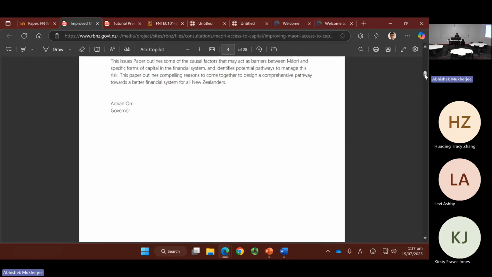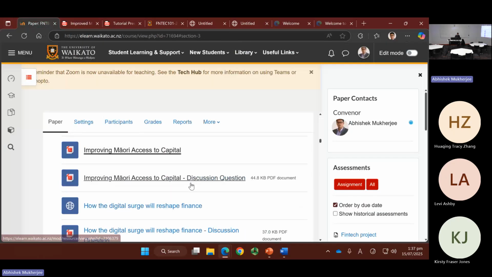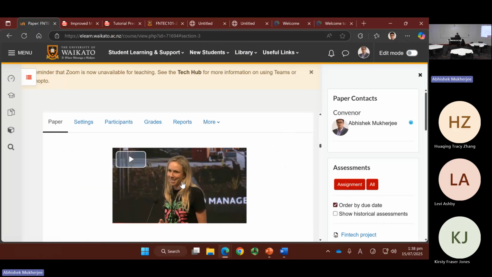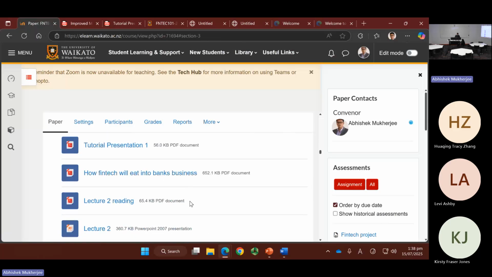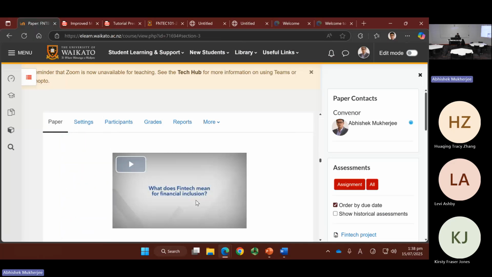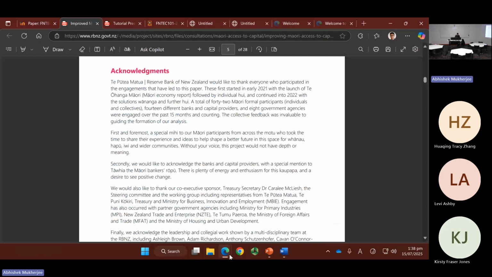It talks about the financial inefficiency in New Zealand from the Maori business perspective. You can use that as a case for your presentation if you don't have any other example. So make sure you read that particular reading.